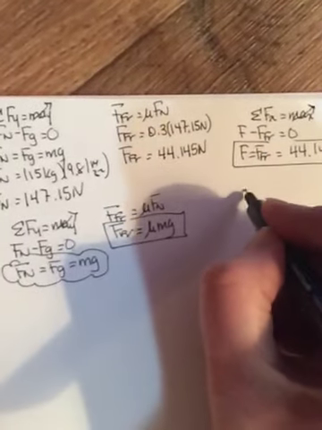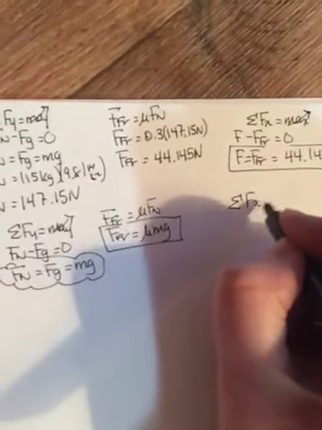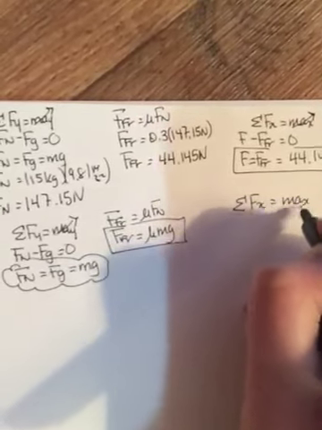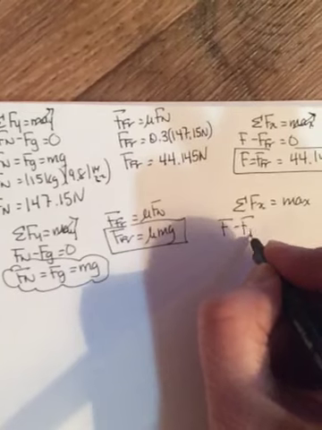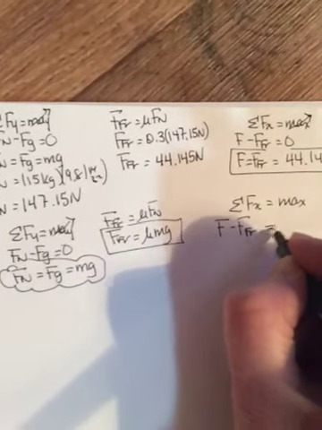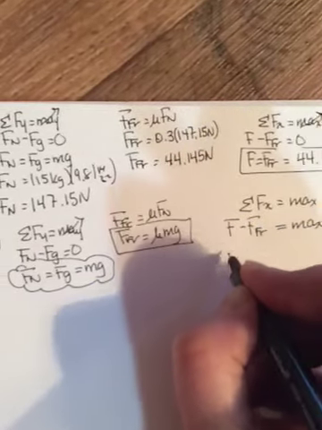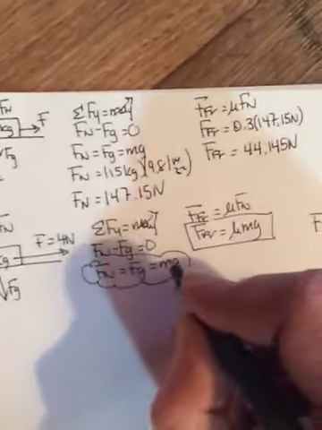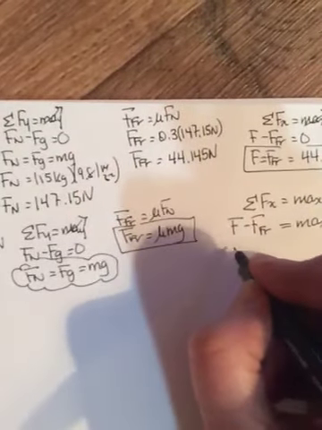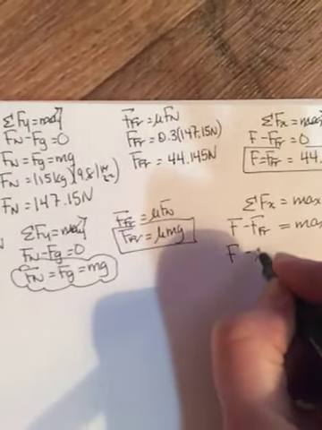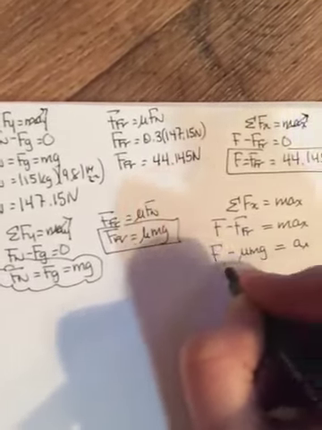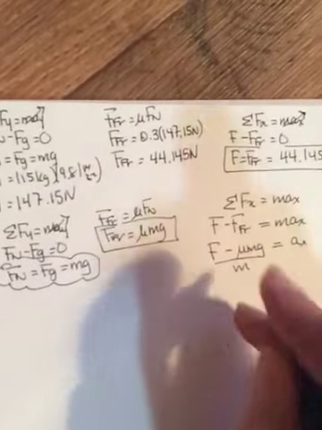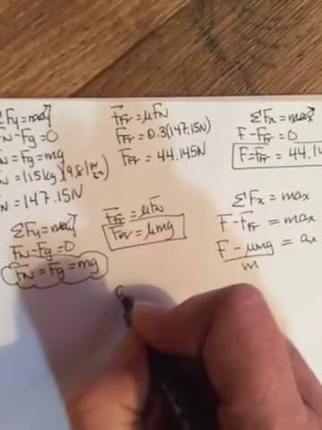Okay, and let's go to the sum of the forces in the x equals m a_x. So it's F, not Fx this time because it's not at an angle, minus friction is equal to m a_x. And F is 4 newtons and friction is mu mg. And to get the a alone, divide by m. And then I would go to here, and now I would fill my numbers in.